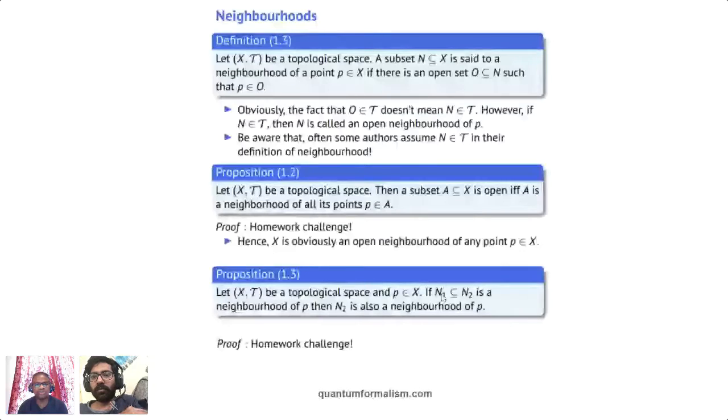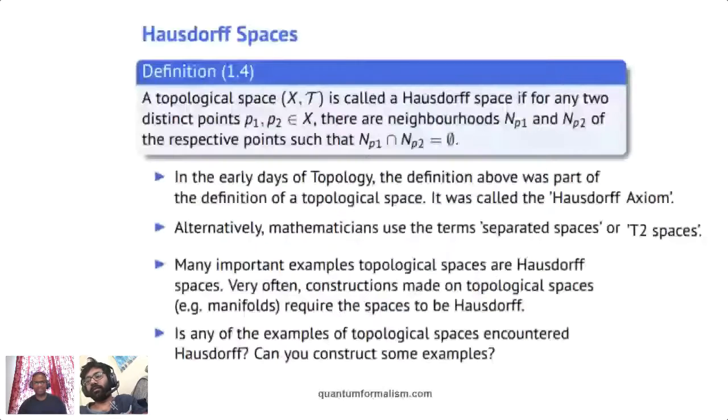This shows you that the notion of neighborhood has some nice properties. Try to use this definition of neighborhood in the proof, not the one that you often see, which assumes that N is an open set itself.